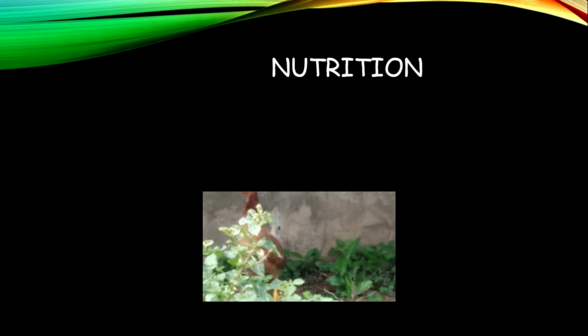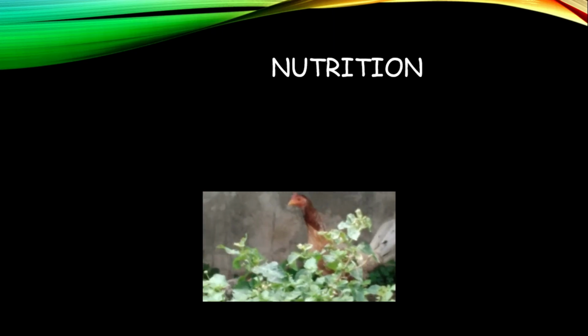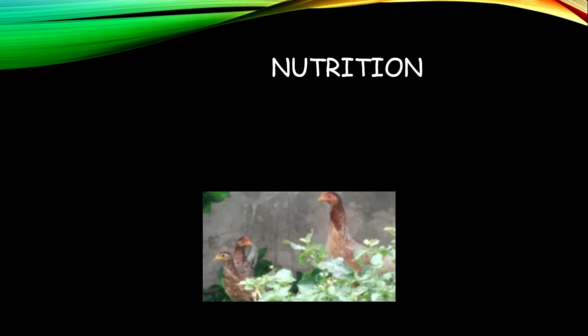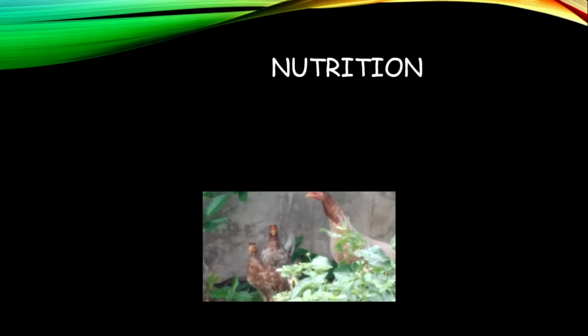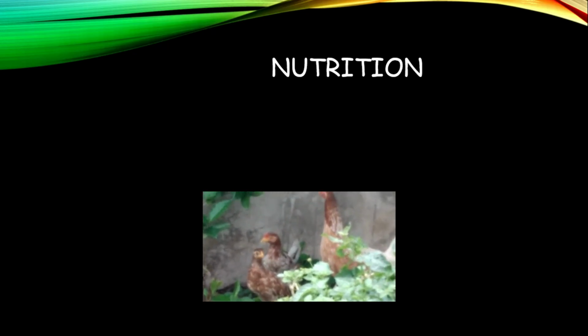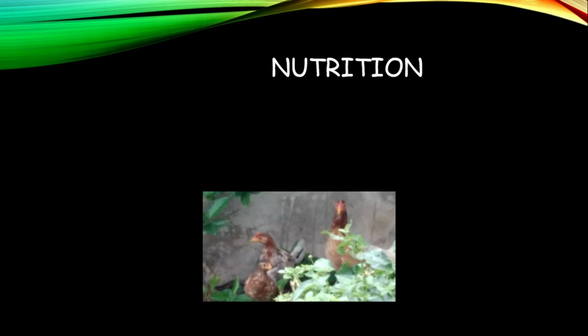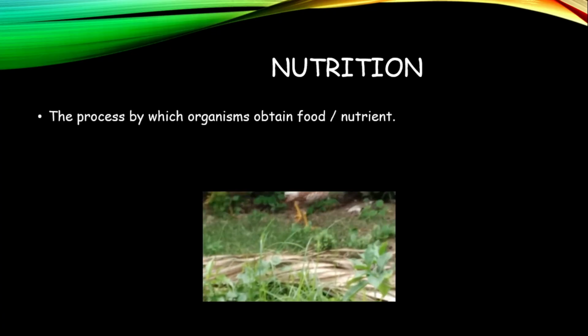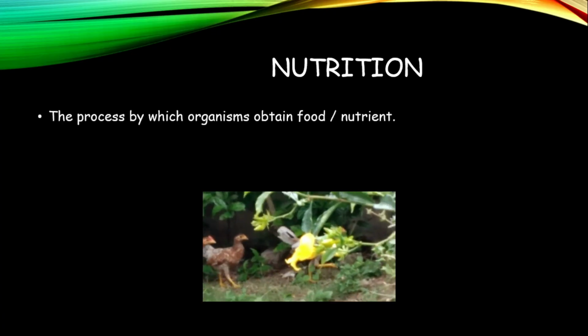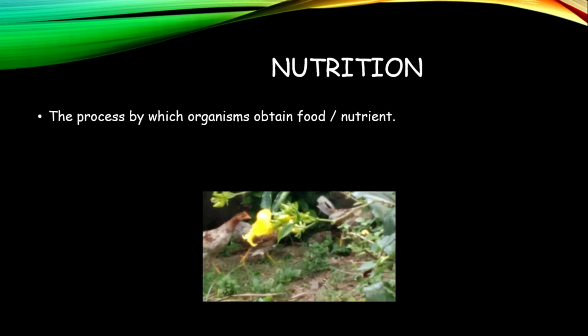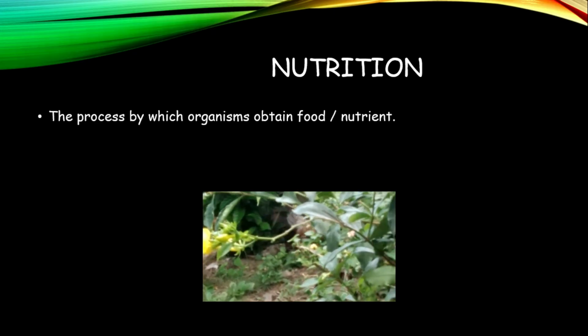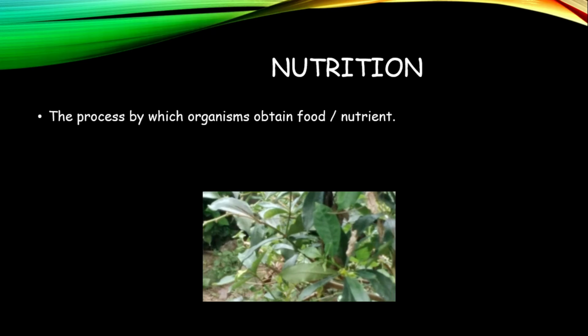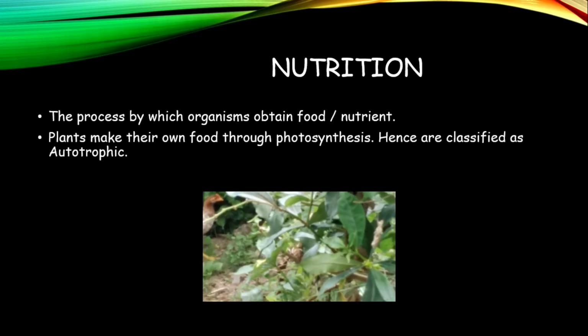Now, the chickens are pretty much scratching, trying to find worms or something just to eat, while the plants, like I said before, are carrying out the process of photosynthesis. Alright, nutrition pretty much is the process by which organisms obtain food or nutrients.